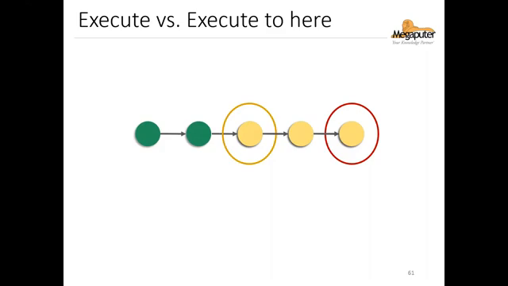But that last node, that fifth node there, maybe it's something very computationally intensive, like a neural network or something. Maybe it takes an hour to execute. We don't want to make a tiny change in the middle node and then click execute and wait an hour for the neural network to update, and then go back to the middle one and make another little change, and then wait for the neural network to run again. So that's what would happen if we use the default execute command.